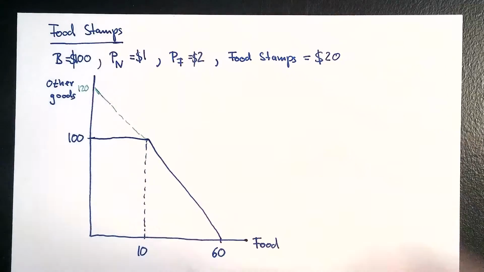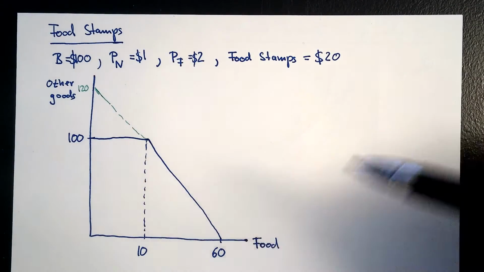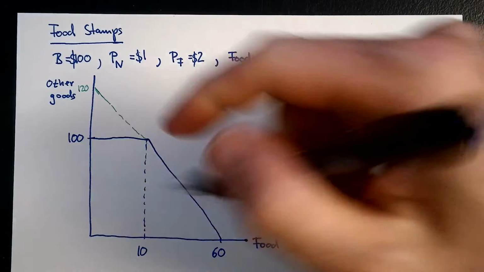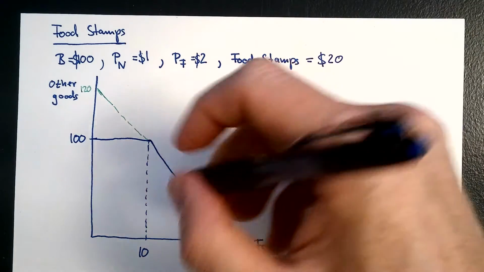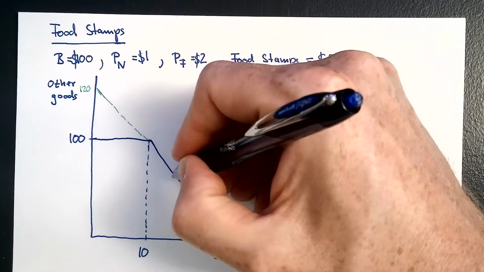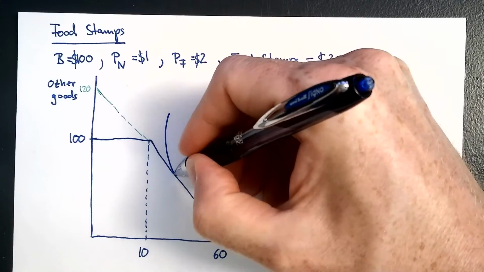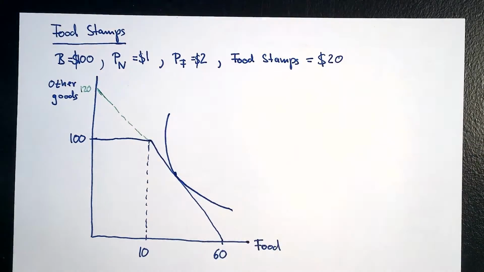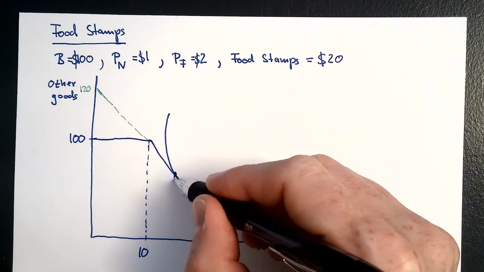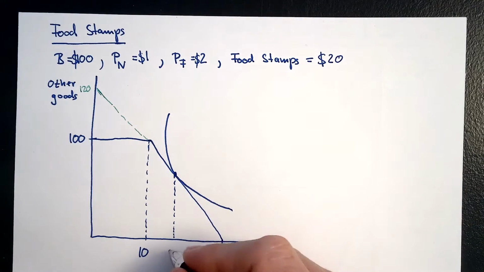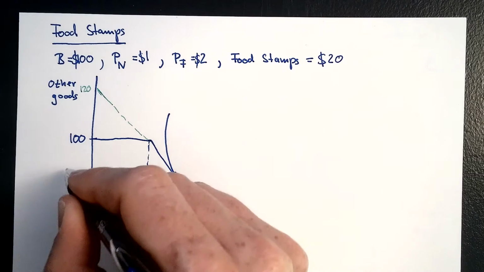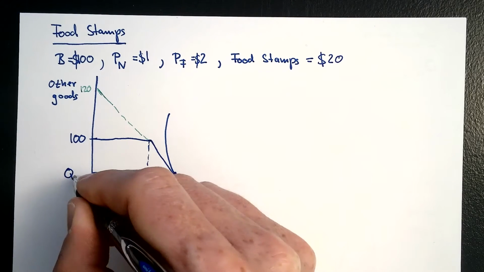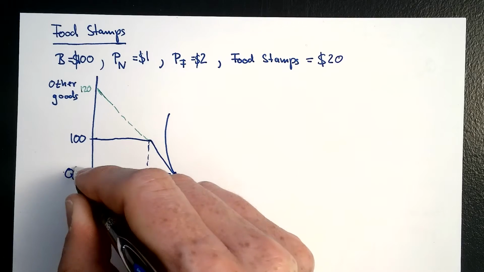Now, we are going to look at two cases. In a first case, suppose that the consumer is consuming right here, and hence we do have a consumption of, say, QF prime, and a consumption of QN prime.